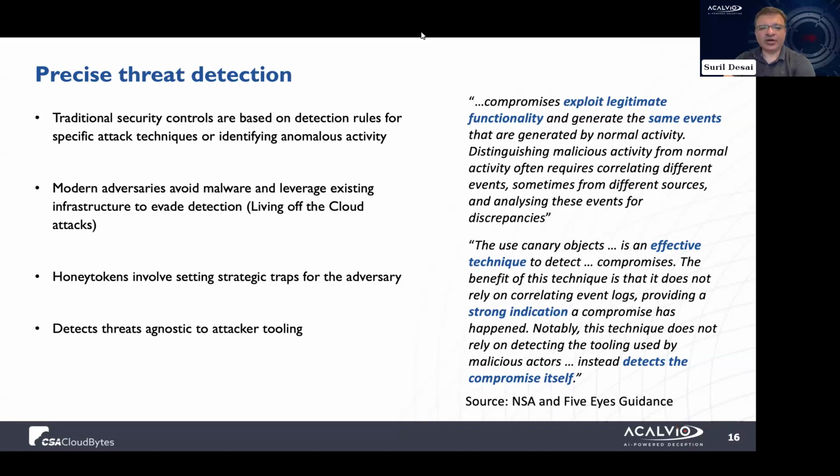In the case of modern adversaries, especially those employing living-off-the-cloud attacks, there is very little use of malware, which makes detection based on specific tools very challenging. Also, the attackers are leveraging existing infrastructure in the cloud, which makes detection based on logs very difficult, because all the malicious activity looks legitimate and looks normal.